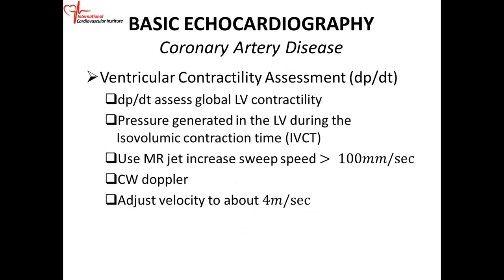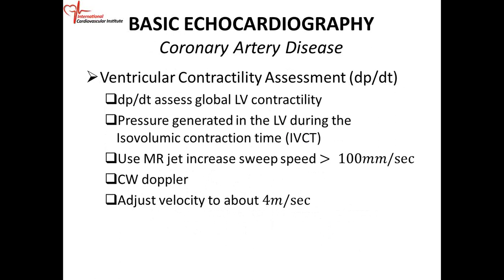If you have a normal LV, normal ejection fraction, normal contractility, and you have mitral regurgitation, that is blood flowing from the LV across the mitral valve into the left atrium. With normal contractility, that regurgitation is going to occur very, very quickly, because the LV systolic function is normal.